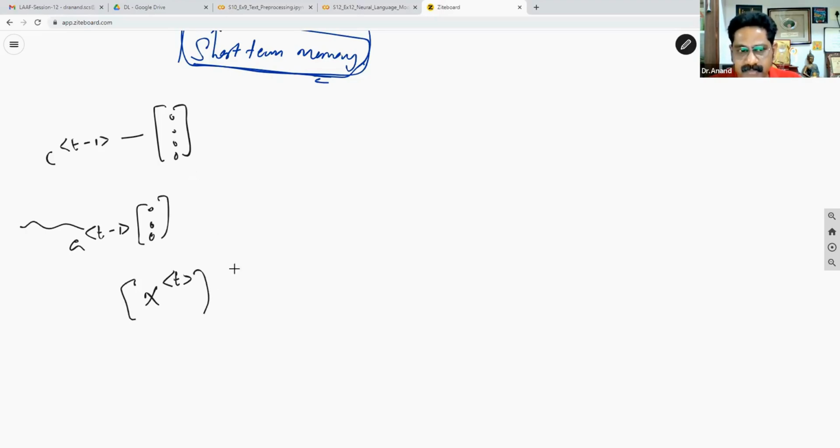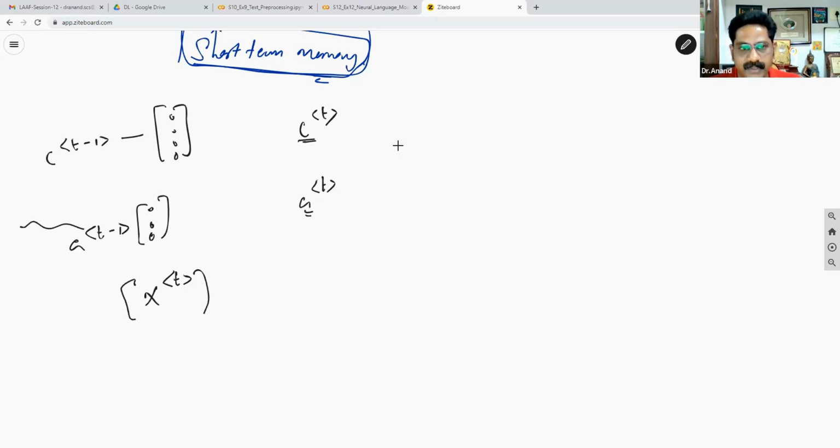So we have the mechanism to compute what is the current state A of t, and also we have a mechanism to compute C of t. Your C of t is computed separately and A of t is computed separately, based on the equations we have seen. Once this is computed, based on the C of t and A of t, your final y cap of t is computed.